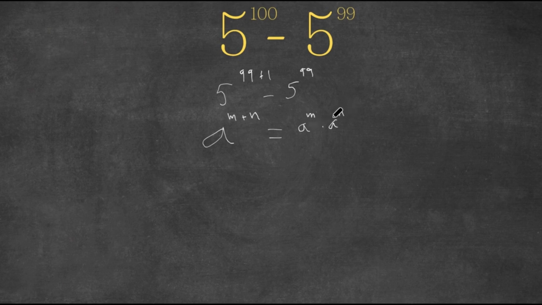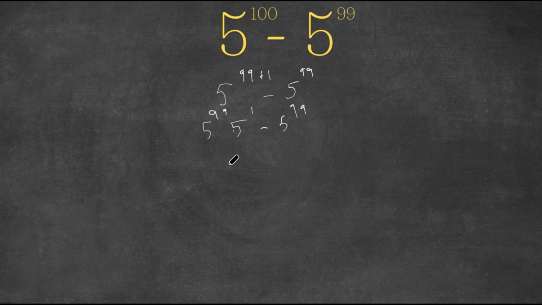Because remember, when we're multiplying exponents with the same bases, we add the exponents together and keep the base. And we're essentially reversing this when we're using this. So let's convert 5 to the power of 99 plus 1 into 5 to the power of 99 times 5 to the power of 1. And we're still subtracting this with 5 to the power of 99.